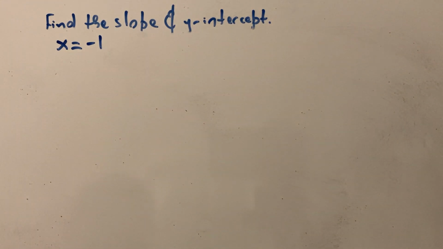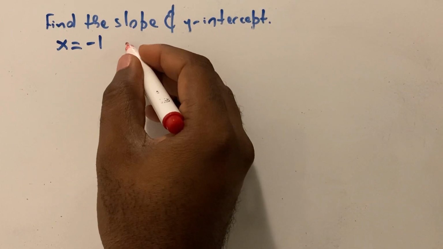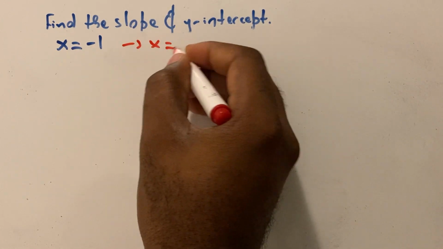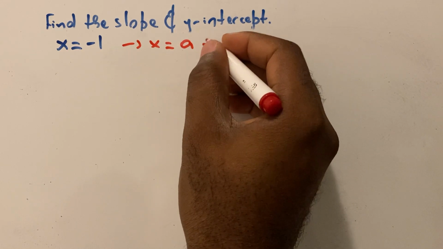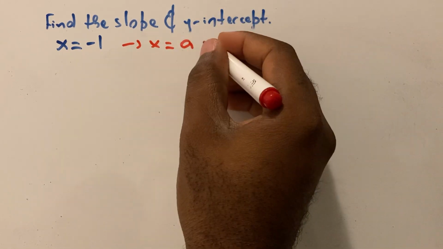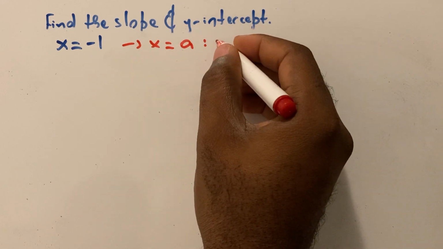So once you see an equation like this, you would know that it's written as x equals a, which is the equation of a vertical line, okay? Let me put it here because I'm trying to put my explanation in red.